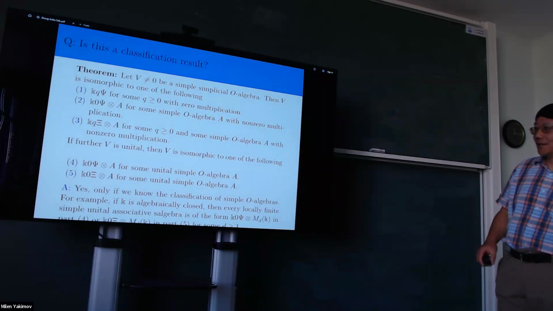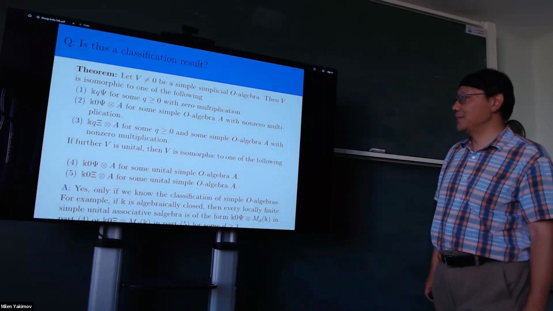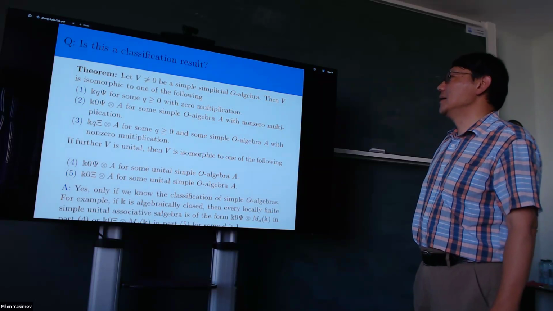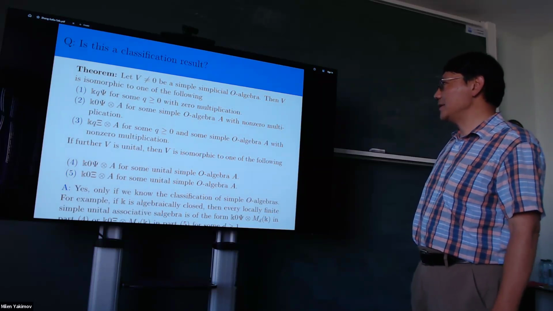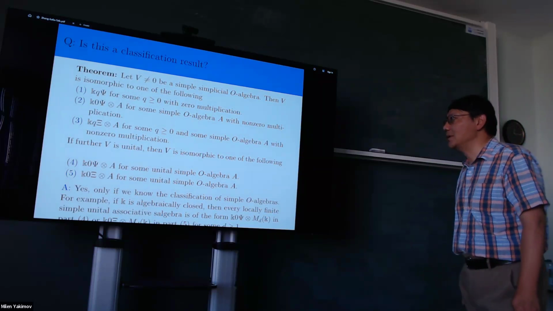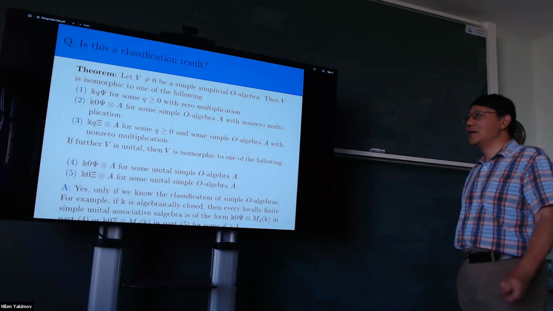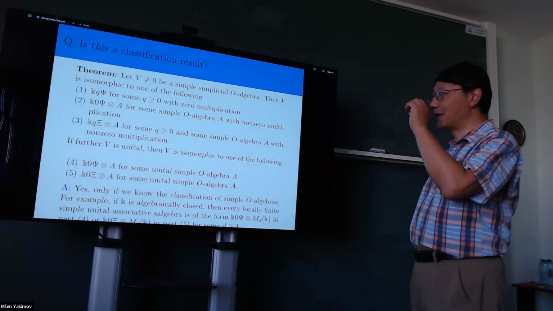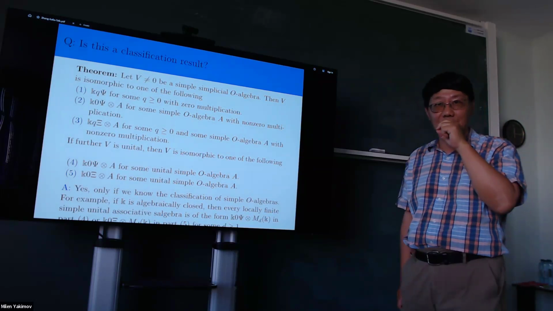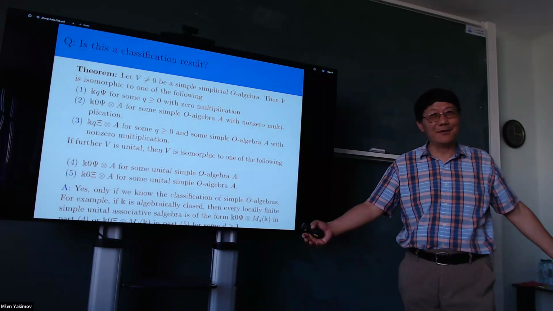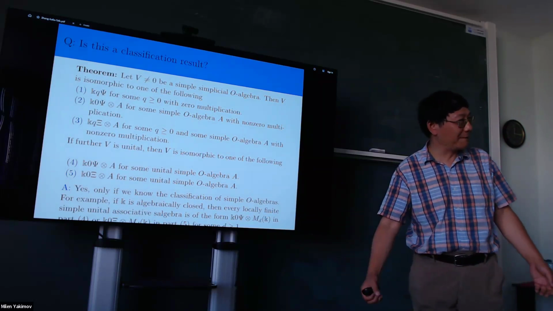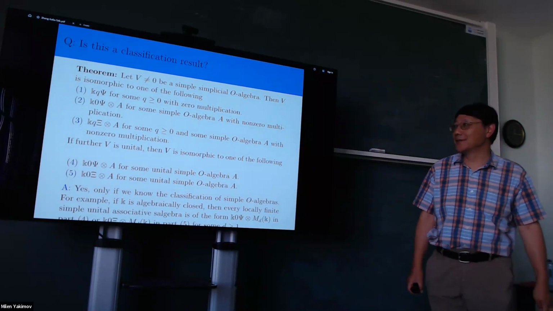So let's take a look at the theorem again. We have a simplicial algebra. Then V is, let's mark 1, 2, 3. 1 is the simplicial vector space with 0 multiplication. This is possible in the non-unital case. 0 multiplication is possible.